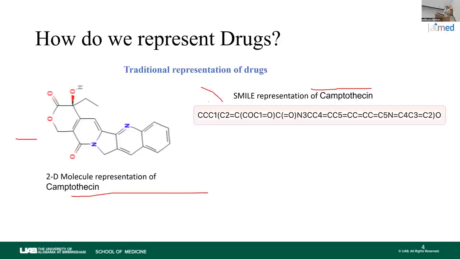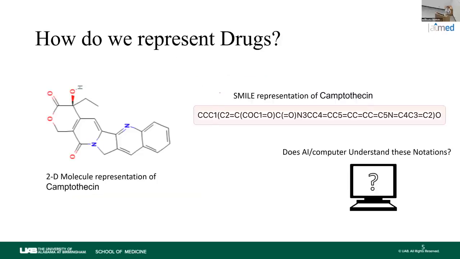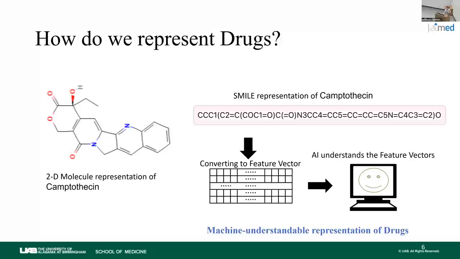We are now using the drug SMILES. Does a computer understand these drug SMILES directly? This was the question posed to me. Computers understand only vector representations, so we started working on how to represent these drugs. There are different ways of representing drugs, and fingerprints are the most commonly used methodology, but we developed our own methodology using natural language processing.